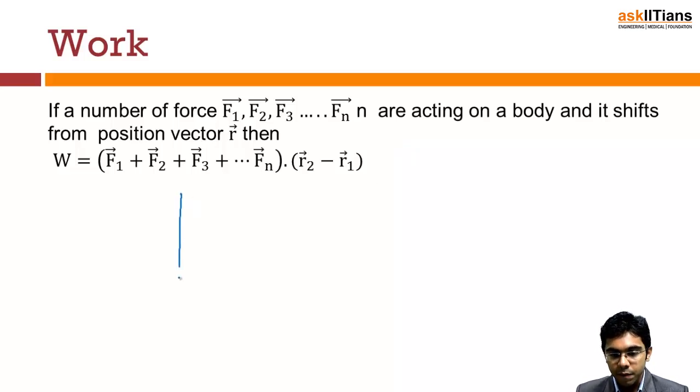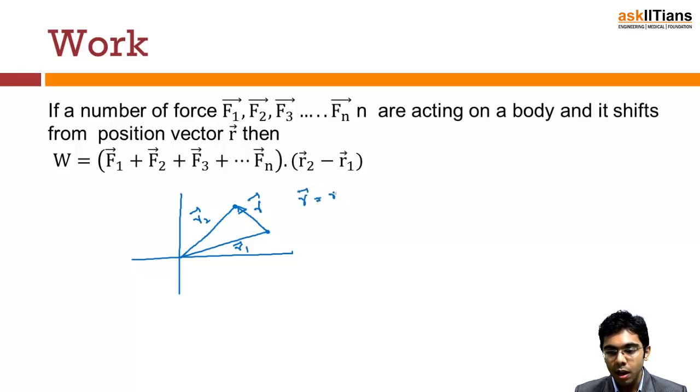If the body is here and it comes over here, this is the R1 vector, the position vector, and this is the R2 vector. The displacement will be R2 minus R1, so R equals R2 minus R1.